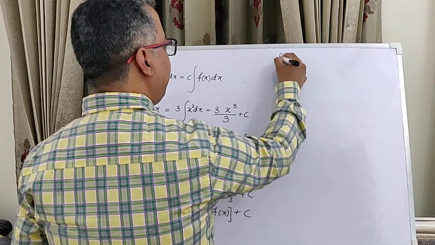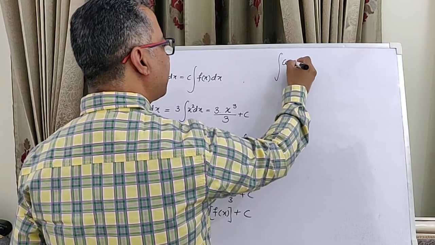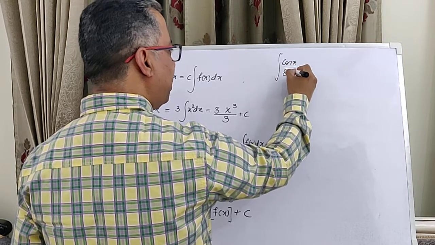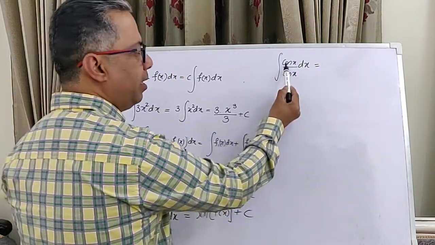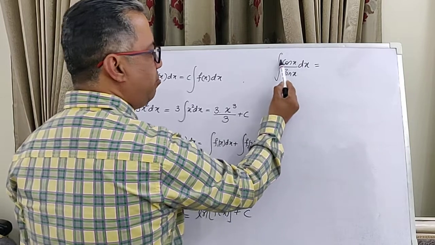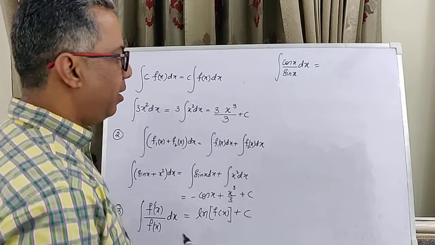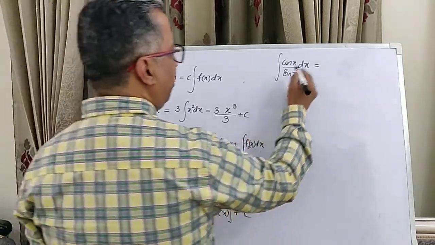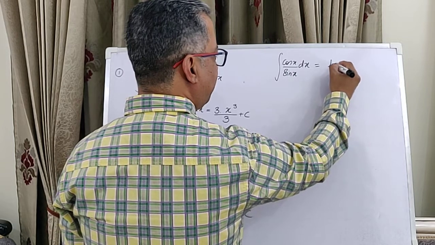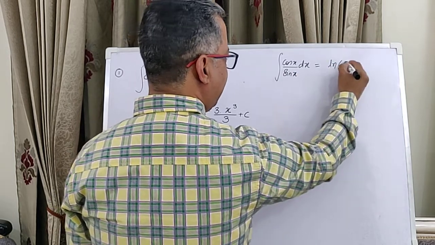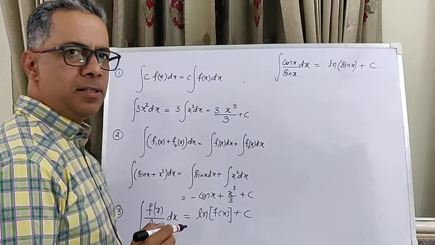Let's take a simple example. Cos x by sin x dx. When you integrate, what do you get? Easily noticeable here that the numerator is a derivative of the denominator, and so on integrating we will end up with natural log of the denominator, that's sin x, plus the unknown constant c.